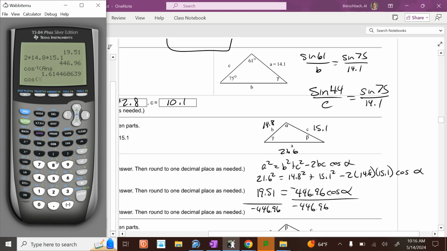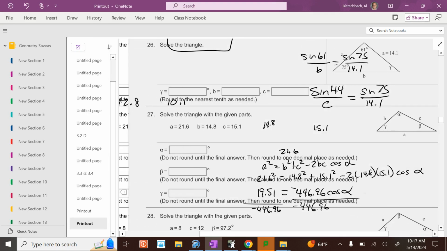Inverse cosine of 19.51 divided by negative 446.96. Inverse cosine. Mr. Bierschbach is really struggling. 19.51 divided by negative 446.96. Boom. 92.5 degrees. Woo, finally.